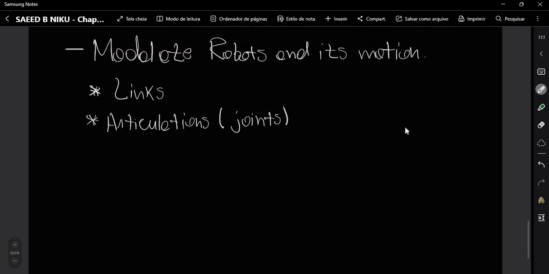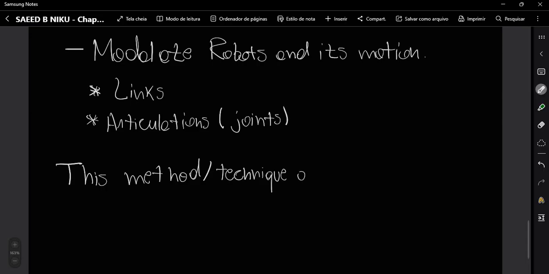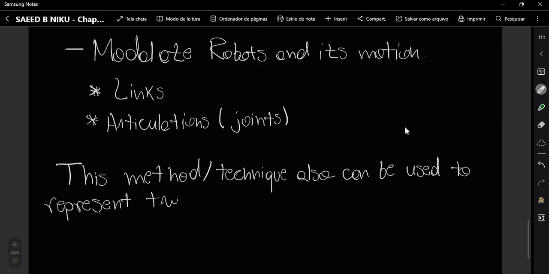And this method, or technique, can also be used to represent transformations.